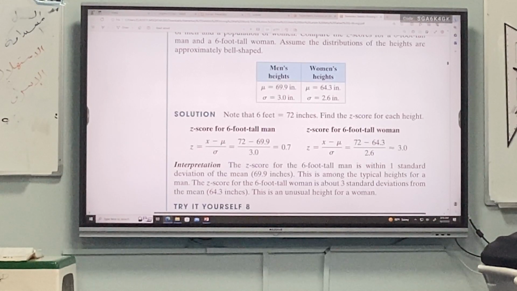But for women, the typical height is 64.3 inches. That's the mean height. So whenever you have a woman with 72 inches, the standard deviation is going to be approximately 3, which is very unusual for women. It's not close to the typical height.